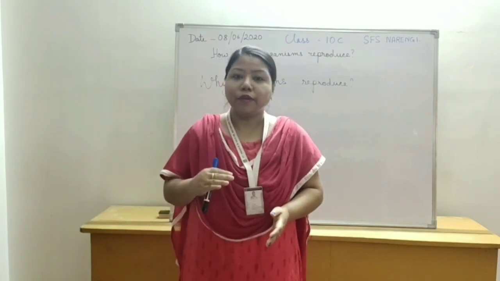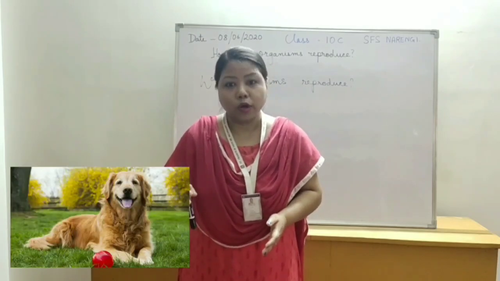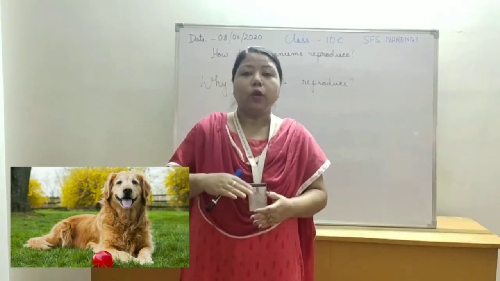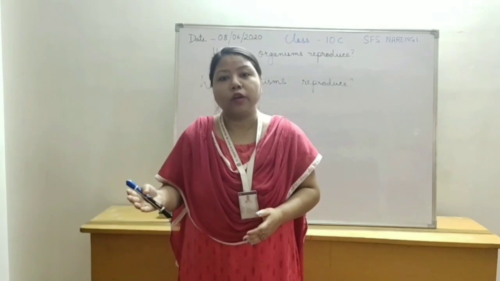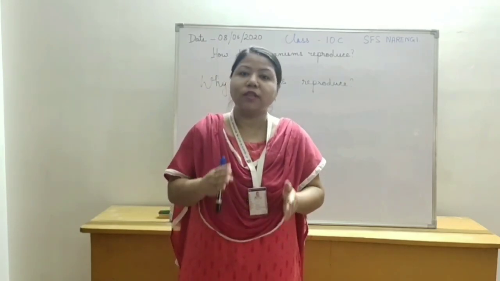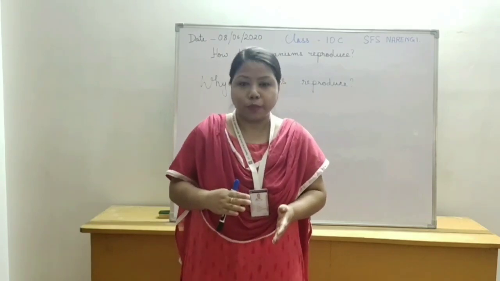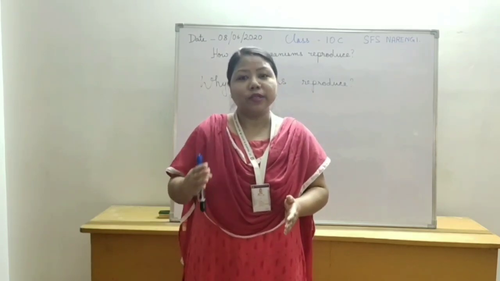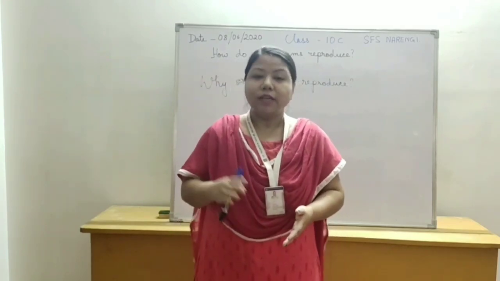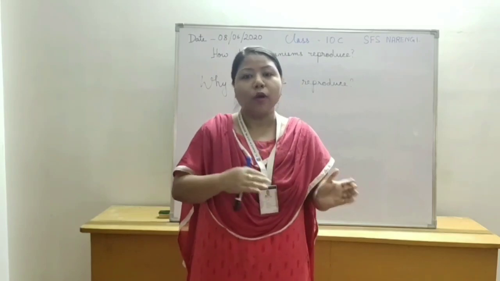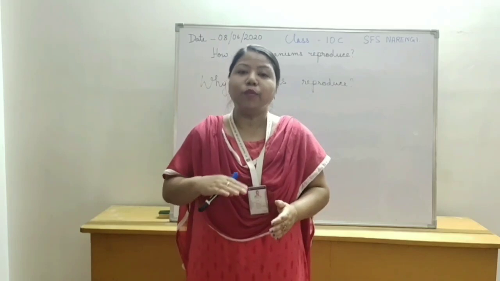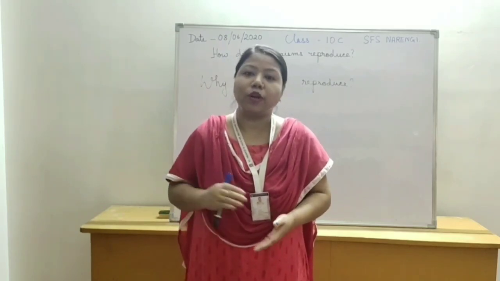Because if, for example, a dog stops reproducing, then there would be no dogs left on earth after a particular time. As a result, that organism will become extinct from the earth. Similarly, if all the organisms stop reproducing, then there would be no life left on earth.